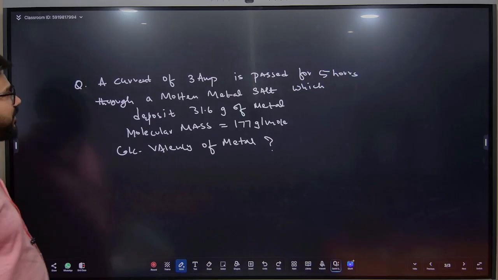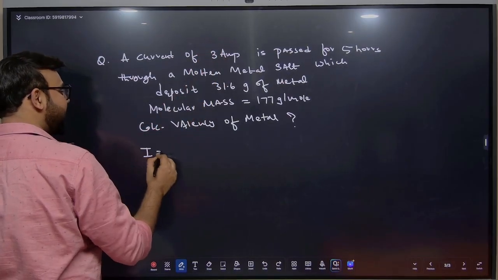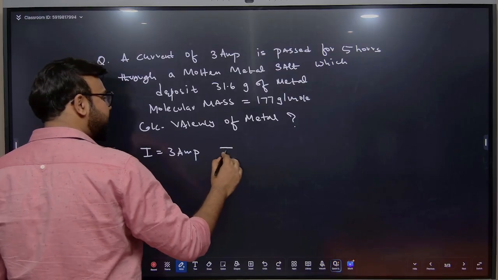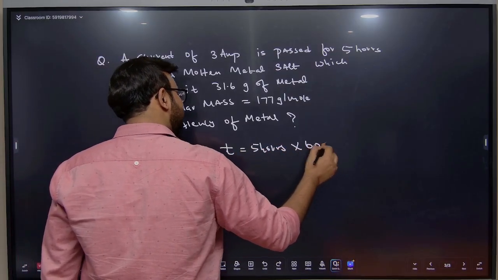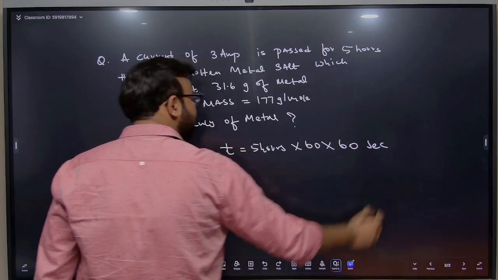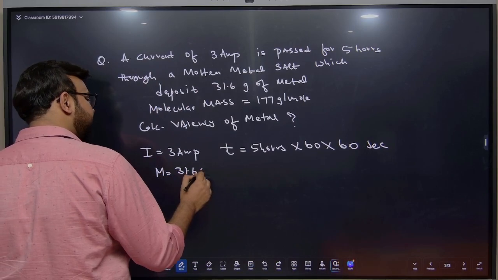So what logic will you apply here? See, I is given, 3. Then time is given, 5 hours into 60 minutes into 60 seconds. Solve this. Then you have mass, 31.6 gram.